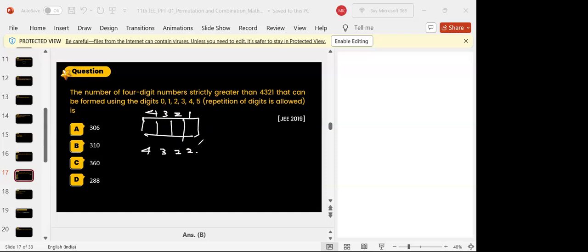So repetition is not possible. So here in the first place we have only 4 and 5, that is 2 ways of filling it. In this we have 2, 3, 4, 5, 3 ways of filling.